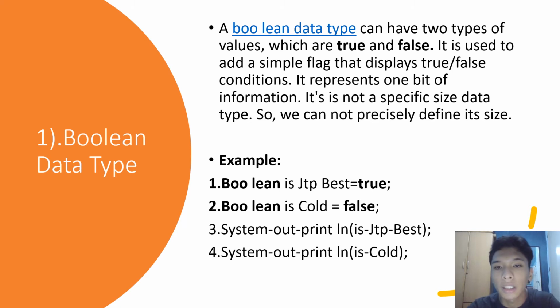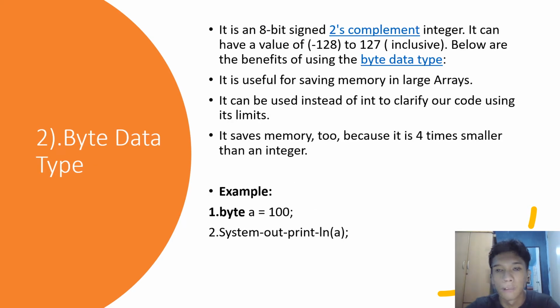It is not a specific size data type, so we cannot precisely define its size. Example: boolean isGTPBest = true; boolean isCold = false; System.out.println(isGTPBest); System.out.println(isCold).